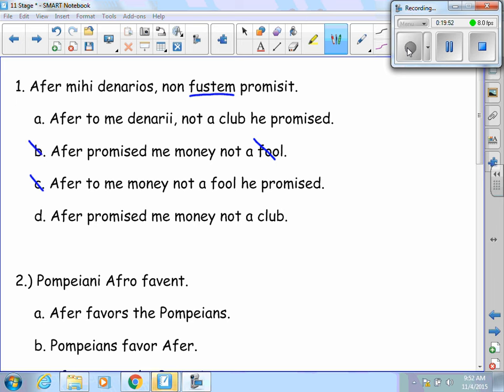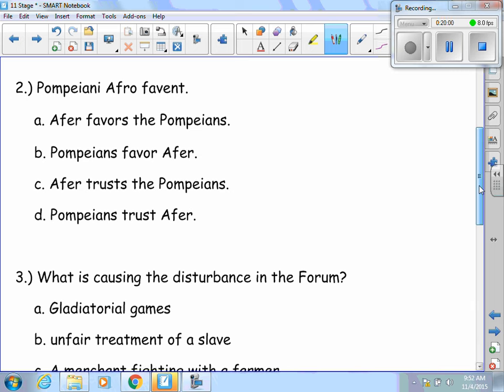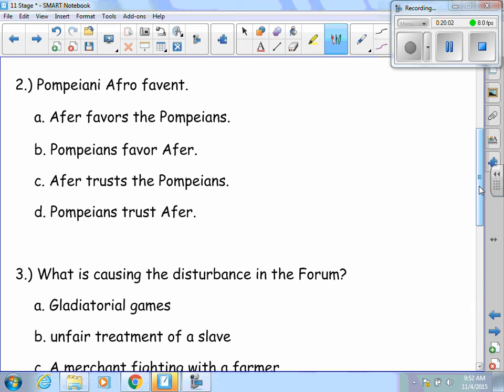The next one, Compiani afro fawent. Select your answer. So hit pause, select your answer, and I'll explain it. In number 2, I have the Pompeians support Offro or favor Offro. Number 1 has Offro as the subject. Up here, Offro is the dative, so it can't be the subject. So that one's gone.